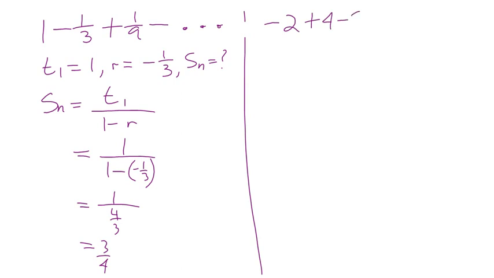-2 plus 4 minus 8 plus dot dot dot. What do we need to say about this? List the info. What's T1? What's R? What can you say about the series?